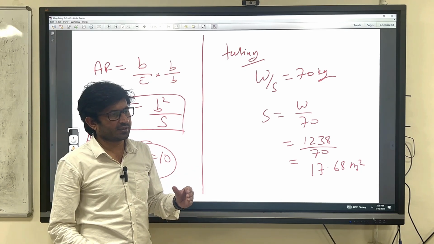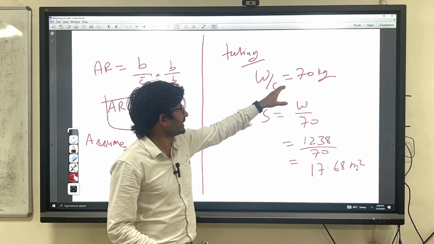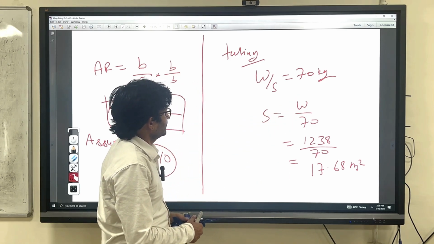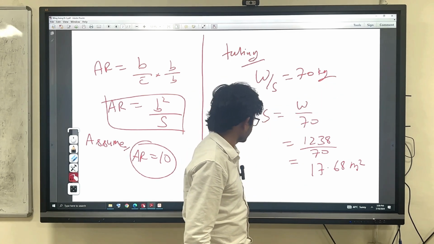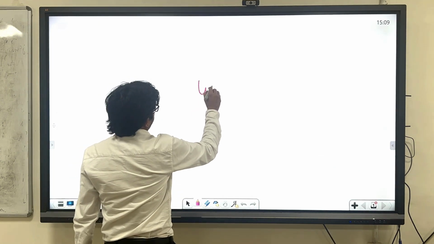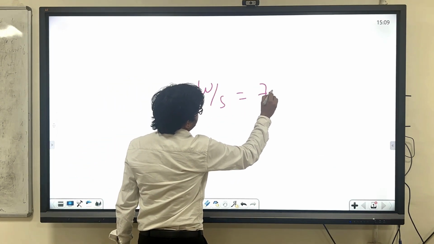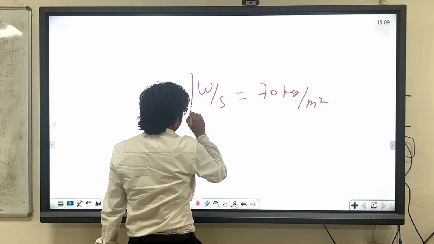Later, if the requirement is not met, we will change this value, but as of now we can consider W by S as 70 kg per meter square. Okay, this is kg per meter square. Wing loading we have selected 70 kg per meter square.